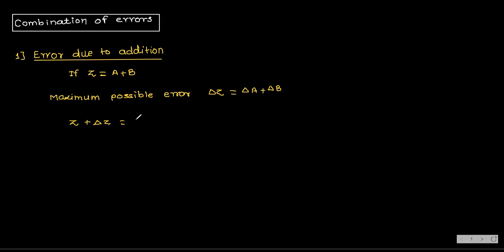This z value, that is a plus b, whatever value you are getting, plus or minus, or just plus because it is maximum error, no? So no error of minus here also. So what you are getting? Delta a plus delta b.